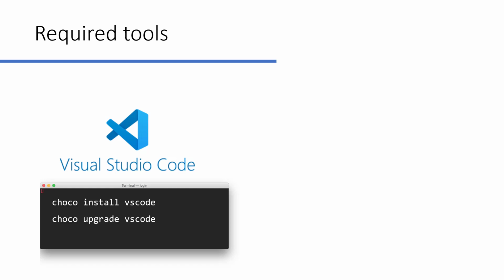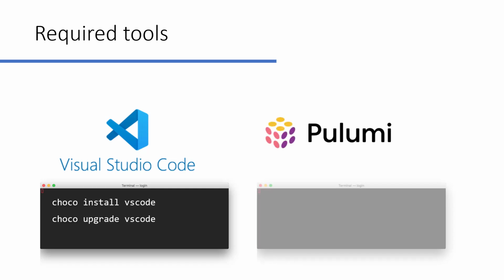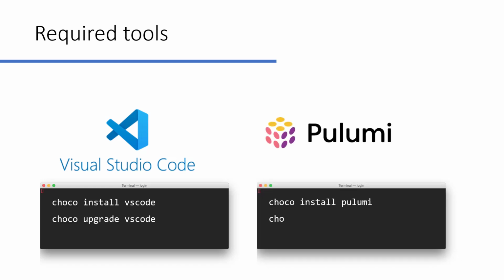Or if you are on macOS or Linux, there are also commands for that: the brew command line for macOS and apt-get for Linux. And then install Pulumi. Since I'm on Windows, I can use the Chocolatey CLI to issue a command to install Pulumi and upgrade my installation of Pulumi.